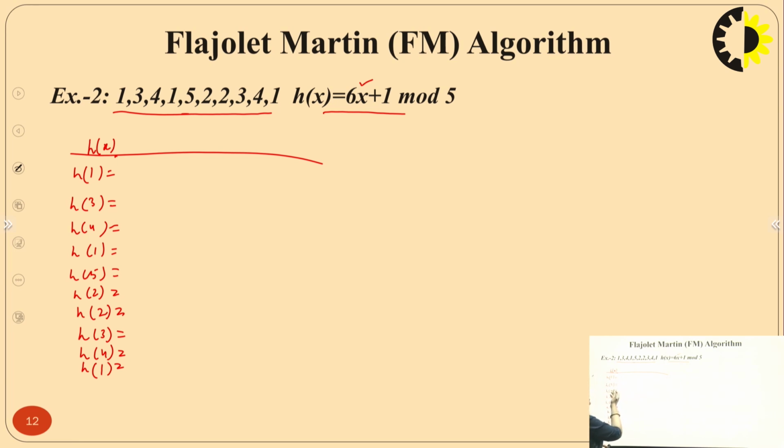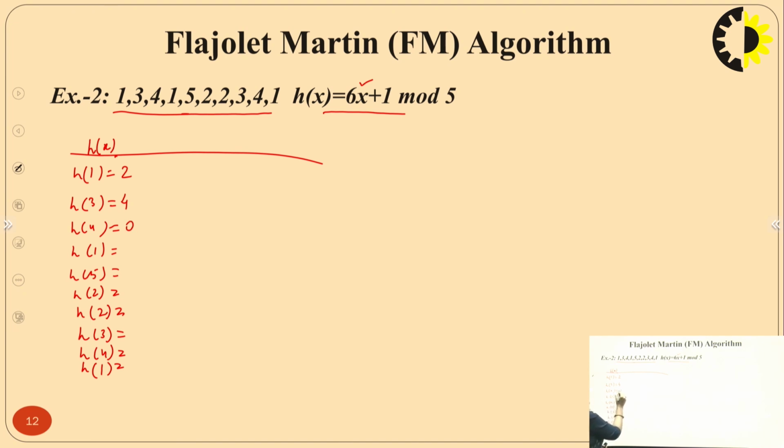If we remember previously, if we apply this hash function for the value 1, what will we get? We will have 6 plus 1, 7 mod 5, so we will get a 2 here. Then for 3 we will have 6 multiplied by 3, which is 18, and then adding 1, it will be 19 mod 5, and we will get an output of 4. Similarly we need to find the other values.